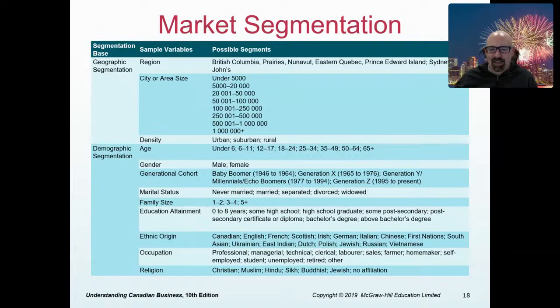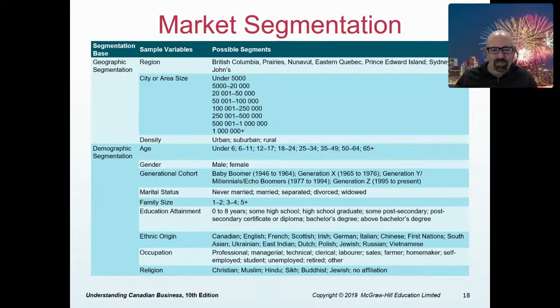Gen X, Gen Y, Gen Z, the millennials, echo boomers, right? They tend to behave similarly. And you notice the words I'm using. Tend to behave similarly. Tend to have similar interests. Because is it true for every baby boomer? No. Is it true for a lot of them? Probably, right?